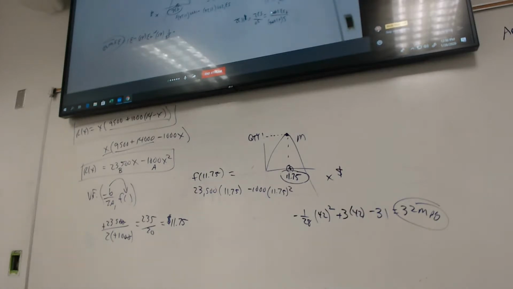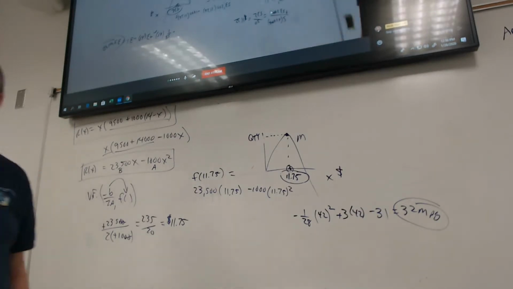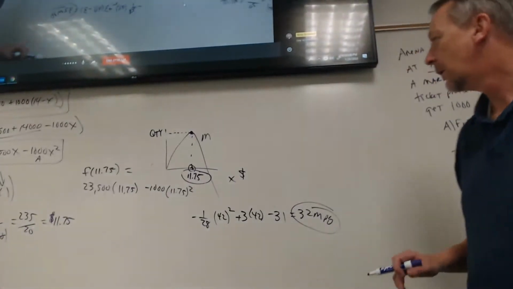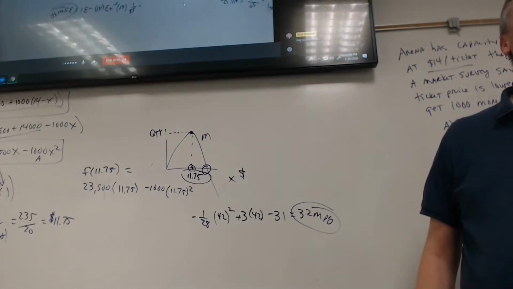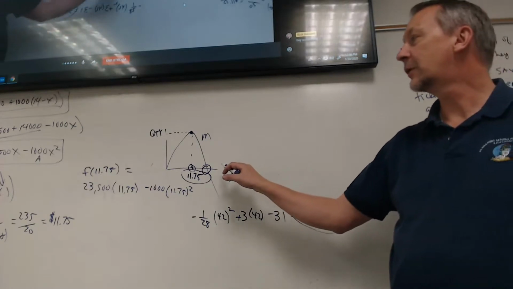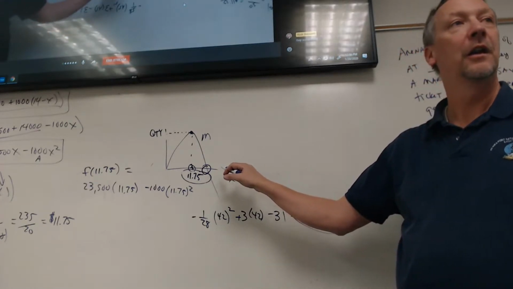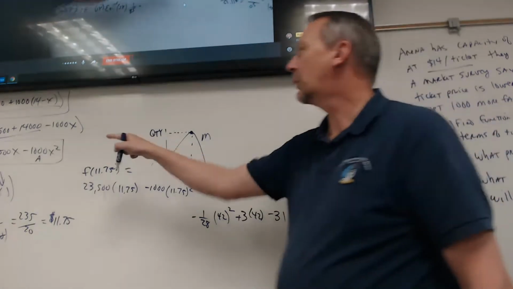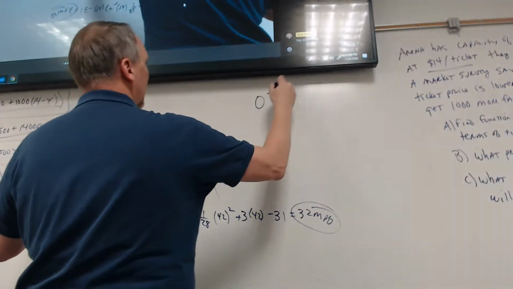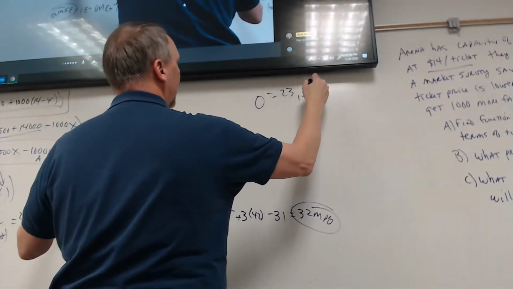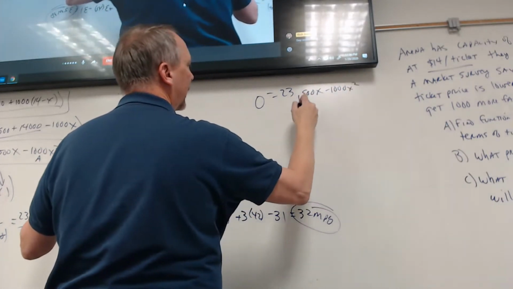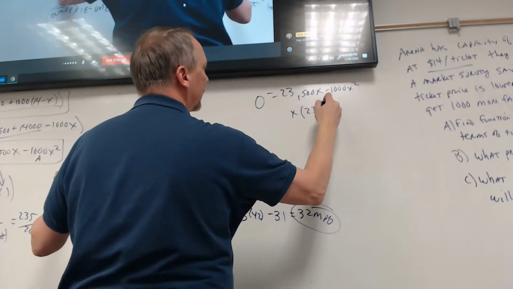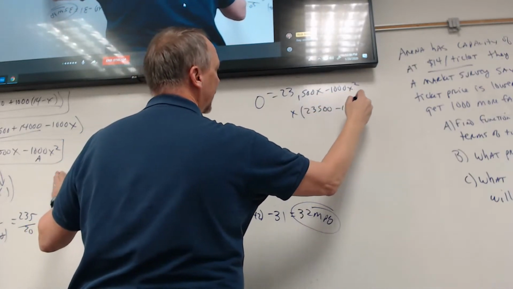Okay? Now, the last part I want to do, part C, really quick. I know we're out of time. What is the value at which you will raise the ticket price so high you will get no money? That's your x-intercept. So what do I do there? I'm going to set y equal to 0. 23,500 x minus 1,000 x squared. I can factor out an x. I'm going to get x times 23,500 minus 1,000 x.